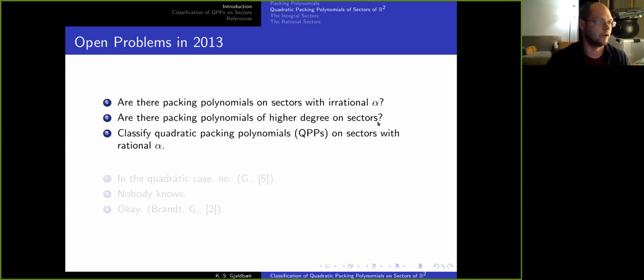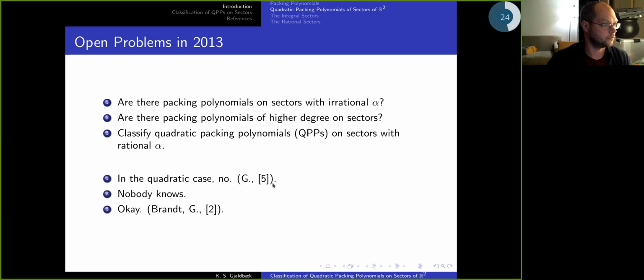So this is the Fueter-Pólya conjecture just restated for sectors. And then, classify quadratic packing polynomials on sectors with rational alpha. And these questions are not all solved.